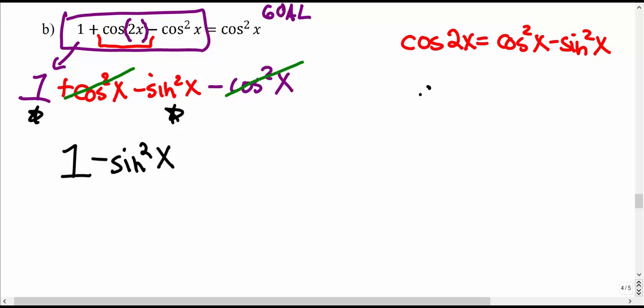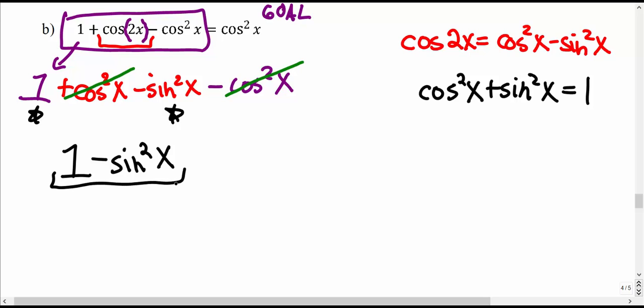So let's remember our Pythagorean identity. Cosine squared x plus sine squared x is equal to 1. And we want to replace 1 minus sine squared x with something that is equivalent to it. So we will subtract sine squared x from both sides of the Pythagorean identity.